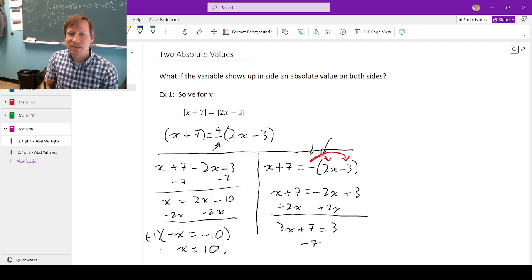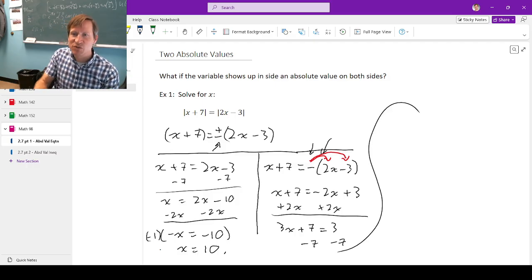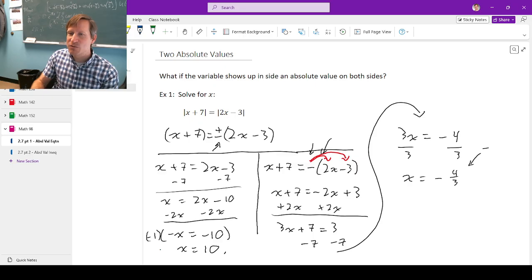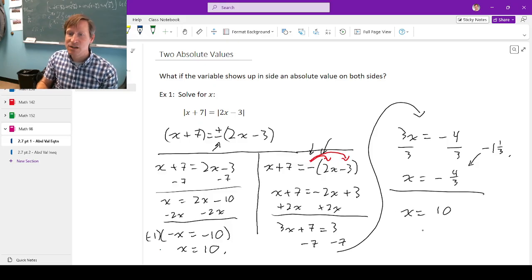Then subtract 7 from both sides. We get 3x equals negative 4. Then divide both sides by 3. We get x equals negative 4/3, which, if you want to write as negative 1 1/3, that's fine too. But I'm going to leave it as negative 4/3. All right, so we got two solutions out of this equation. Our two solutions were x equals 10 or x equals negative 4/3.